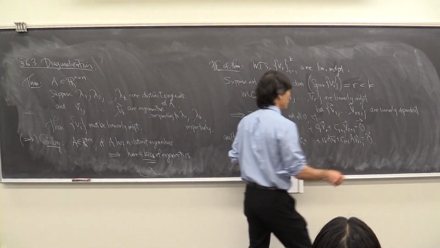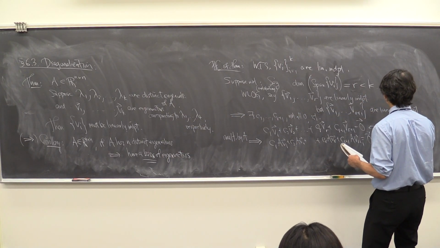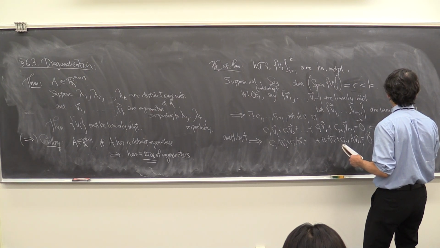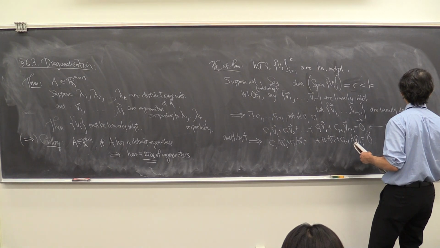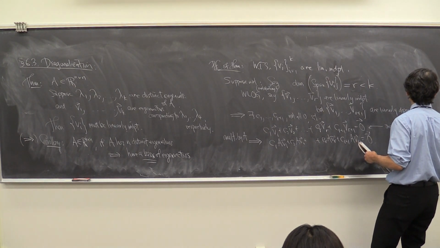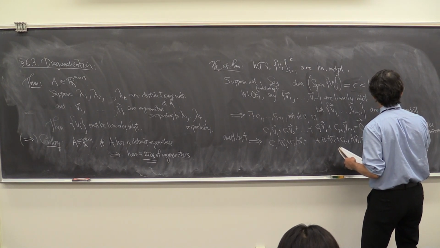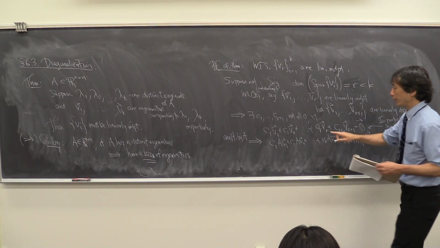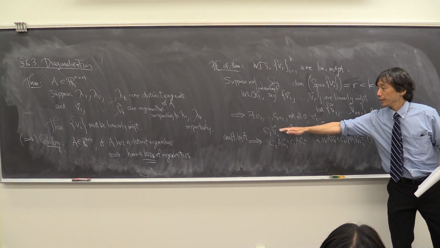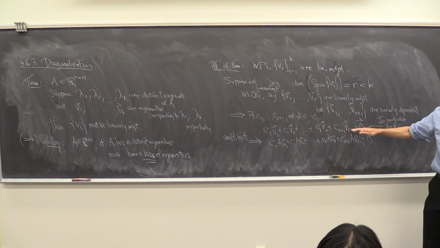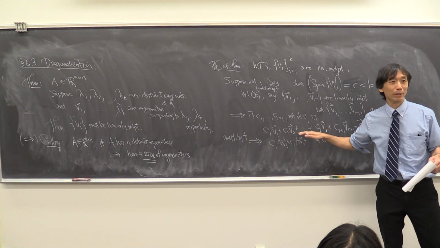Okay. Let me note that one of the C1 through CR must be non-zero. So in particular, we know that the coefficients cannot all be 0.